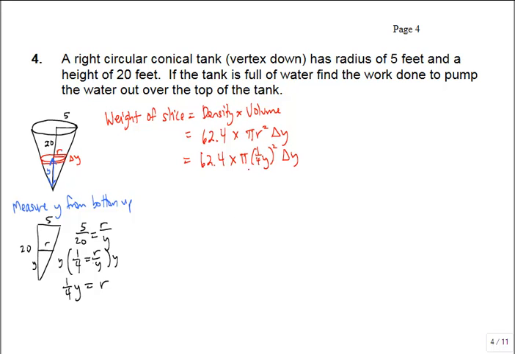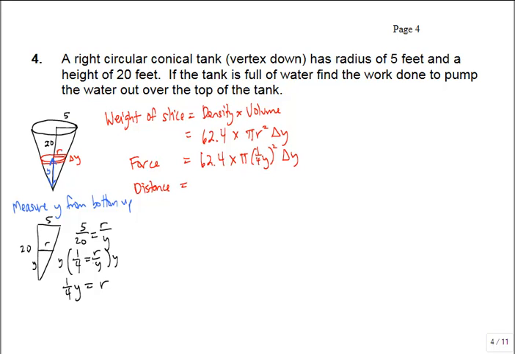So now my weight becomes my force. This is going to be the force that we're going to be using when we do our work integral. What we need next is our distance. So the distance that I need to move this slice up and out over the top of this cone. If this red slice is in this position right here, how far do I need to move it to get it up to the top?